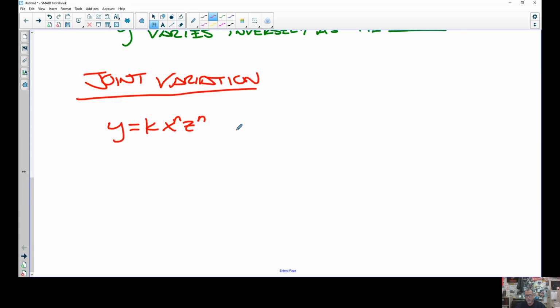Now, I want you to know this could take a lot of different varieties. We could say y equals k times x to the n over z to the n, where we have a direct variation with x and an inverse variation with z, or vice versa. This can get moved around. What it basically means when we say a joint variation is that we're talking about more than one variable.